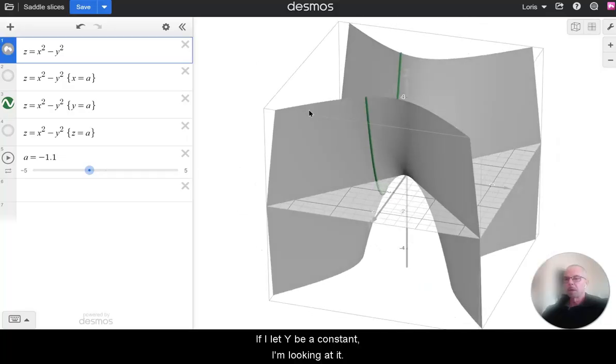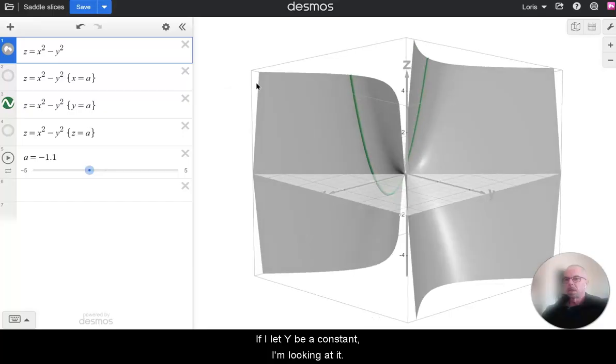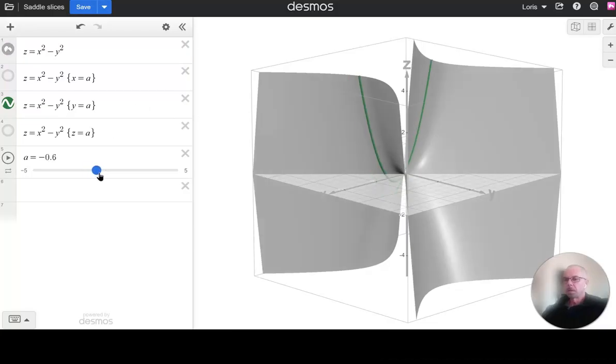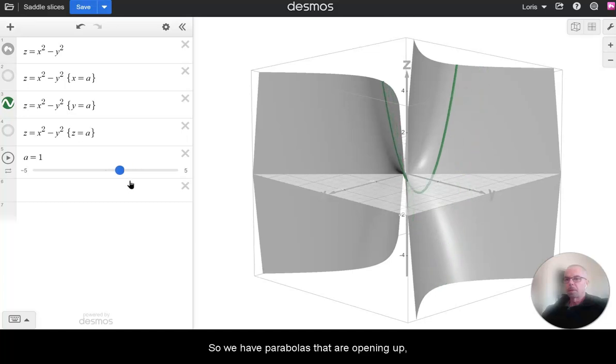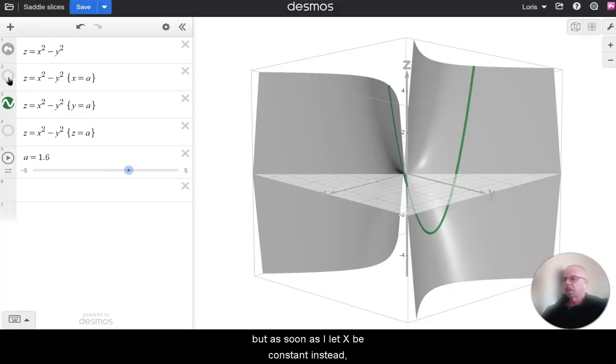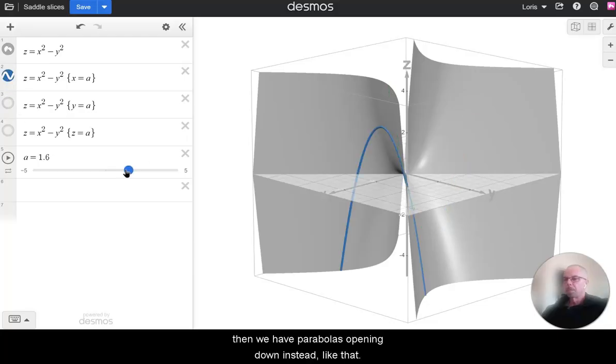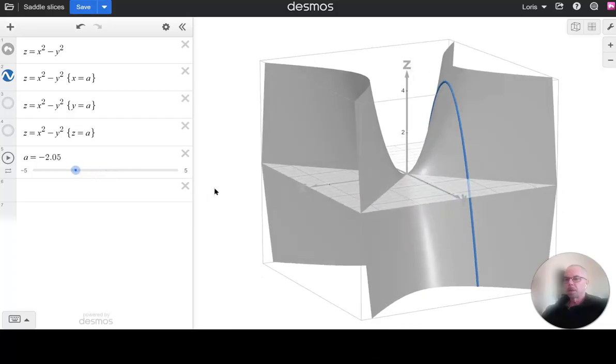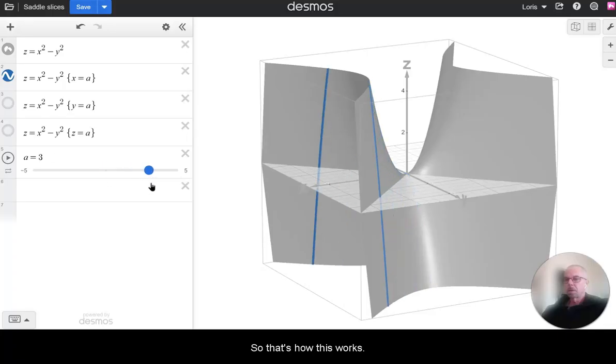If I let y be a constant, we're looking at slices in the y that are parallel to the x-axis. So we have parabolas that are opening up, but as soon as I let x be constant instead, then we have parabolas opening down instead, like that. So that's how this works.